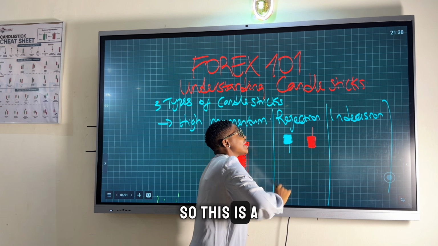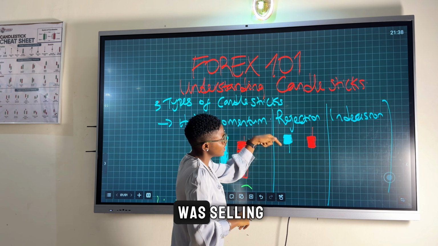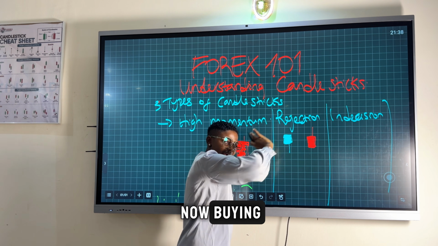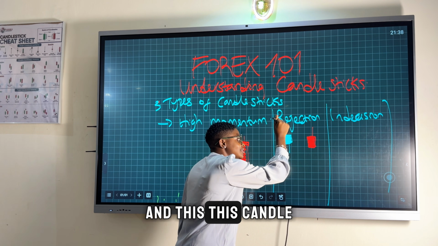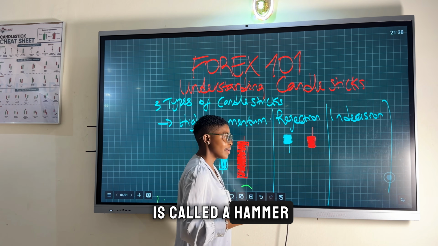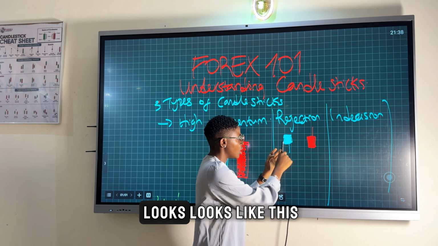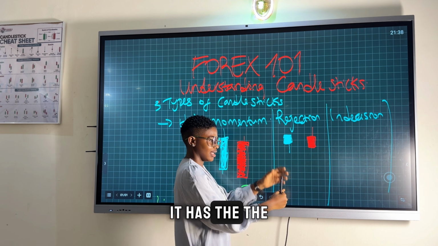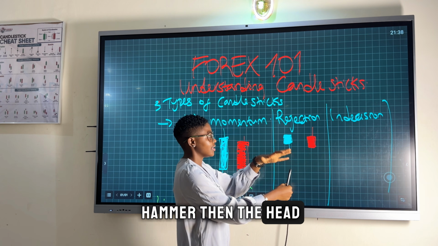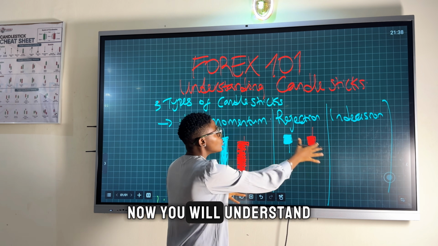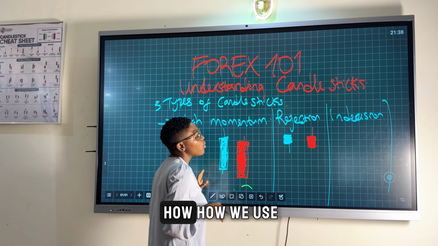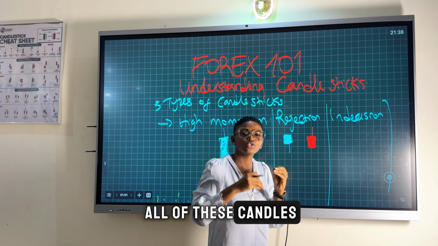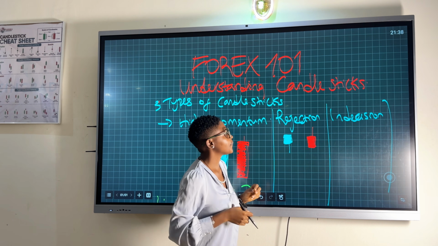So this is a rejection candle because it was selling, but then it is now buying. And this candle is called a hammer. You know, a hammer looks like this. It has the hammer, then the head above. Now you will understand how we use all of these candles when we get to the chart.